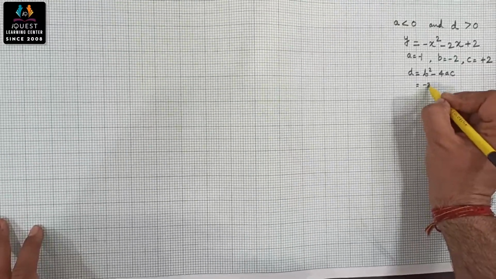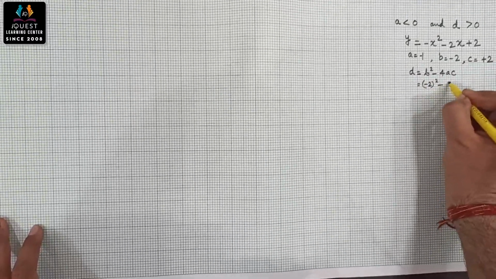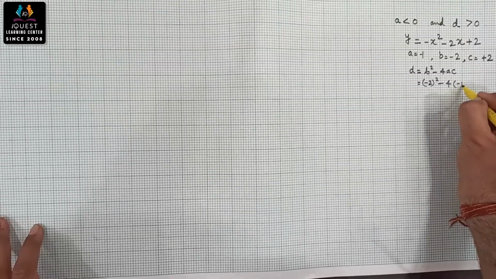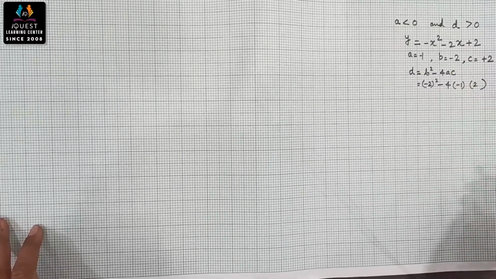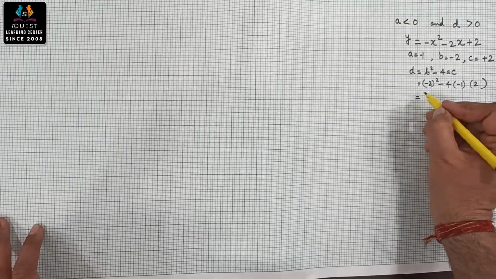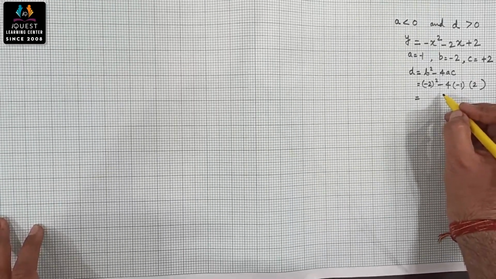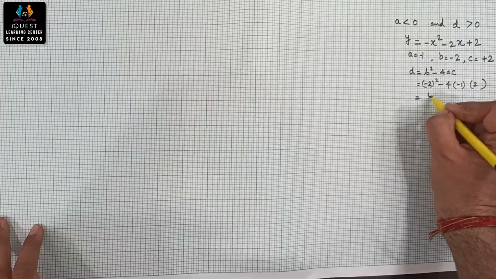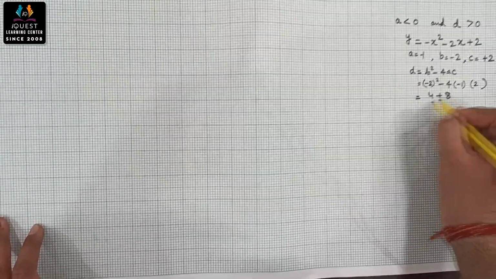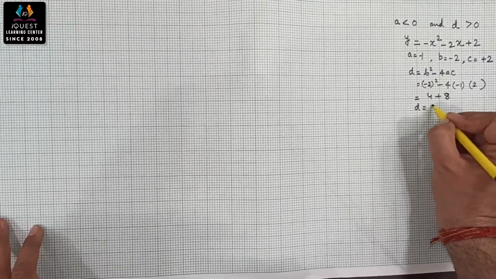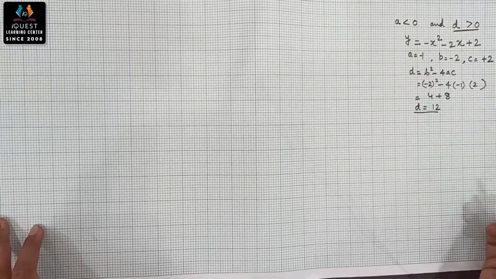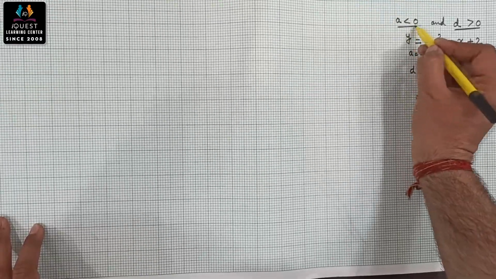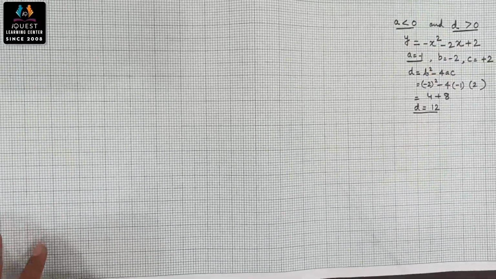b is equal to -2, a is equal to -1 and c is equal to 2. When we solve this, we get 4 plus 8, and the discriminant is equal to 12, which is greater than 0, and a is less than 0.